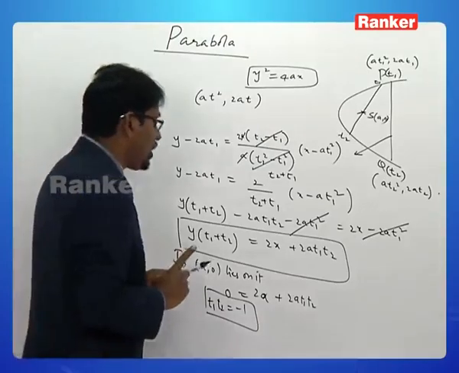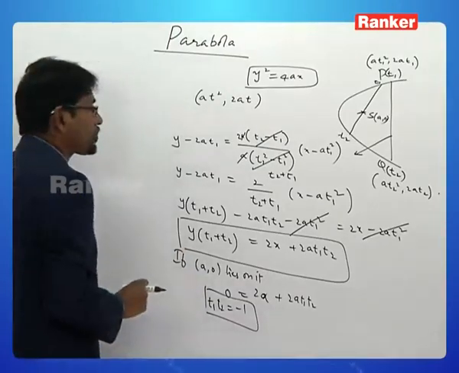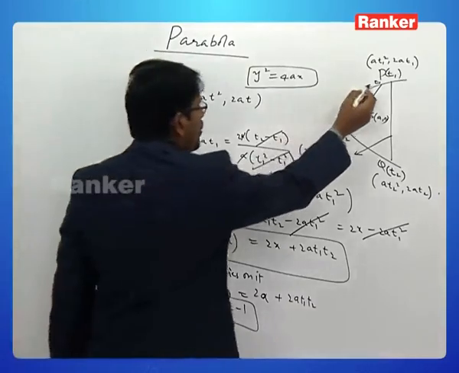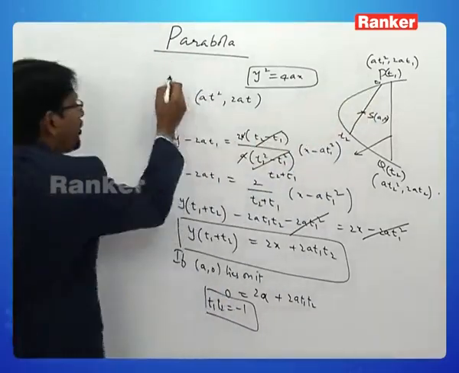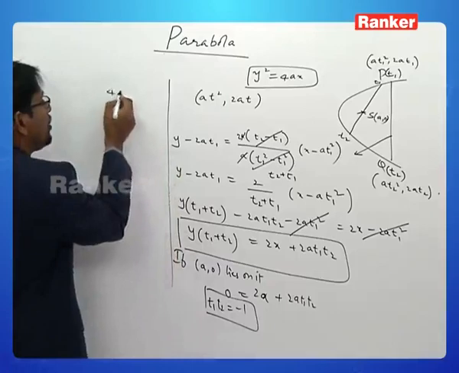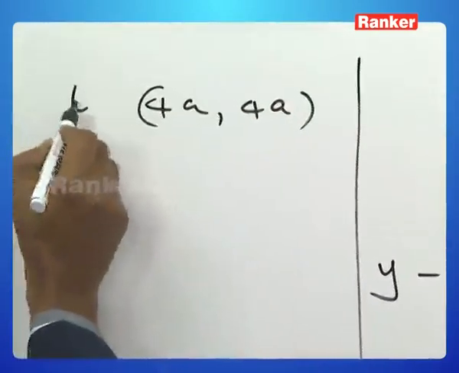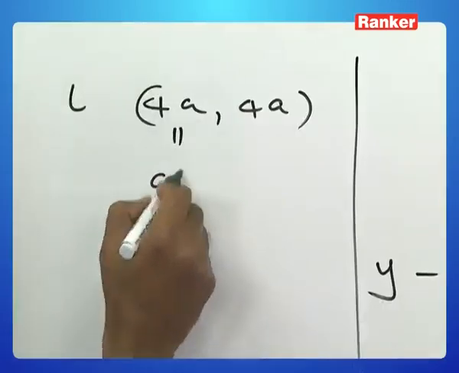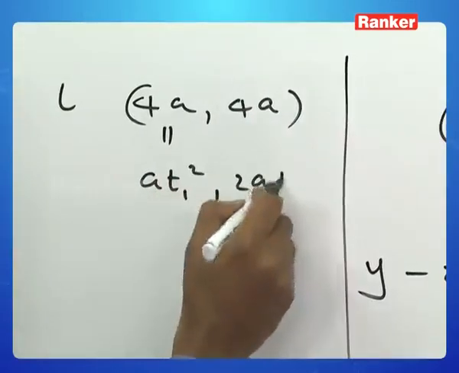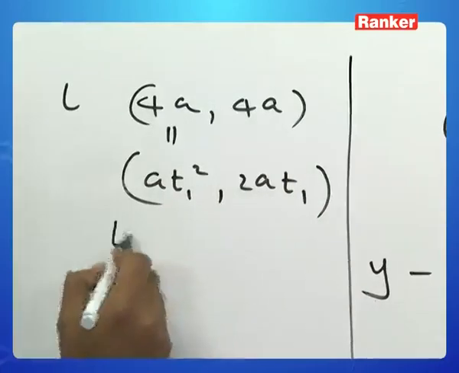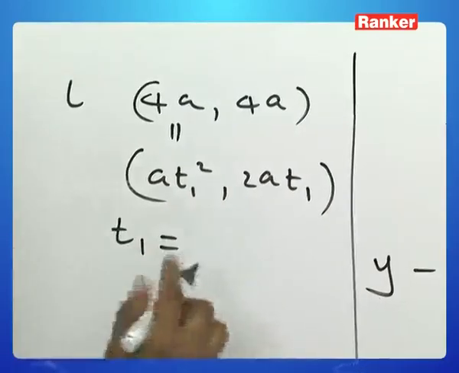Now we are given that one of the points is 4a comma 4a. Let us say this is at1 square comma 2at1. So what is t1 for us? Clearly t1 has to be 2.